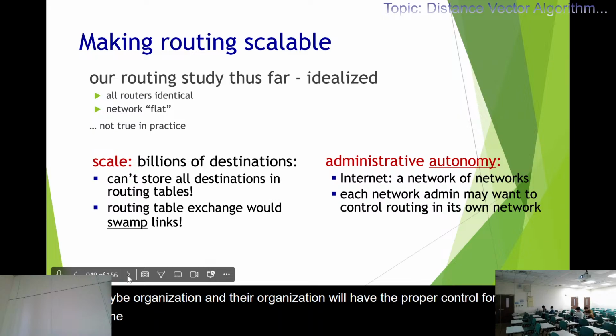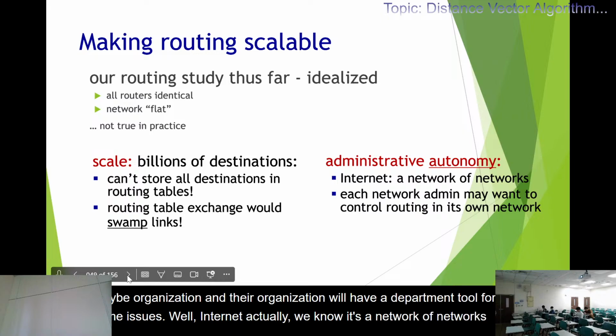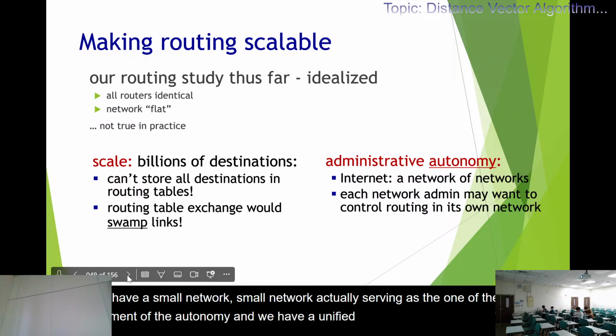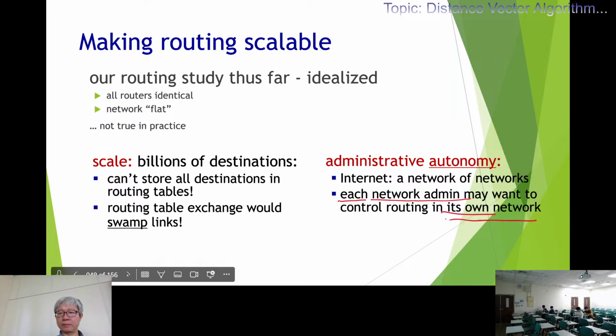The internet is a network of networks, so a small network serves as one element of autonomy.